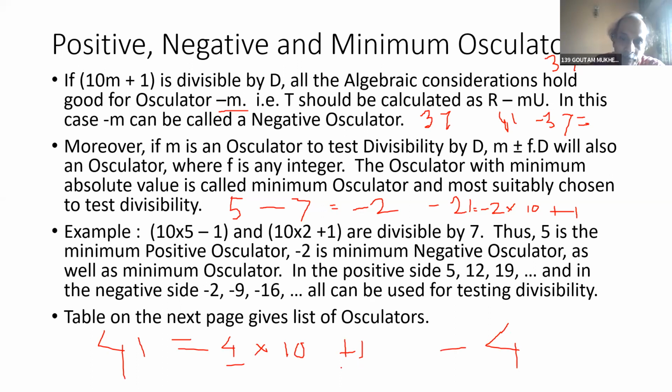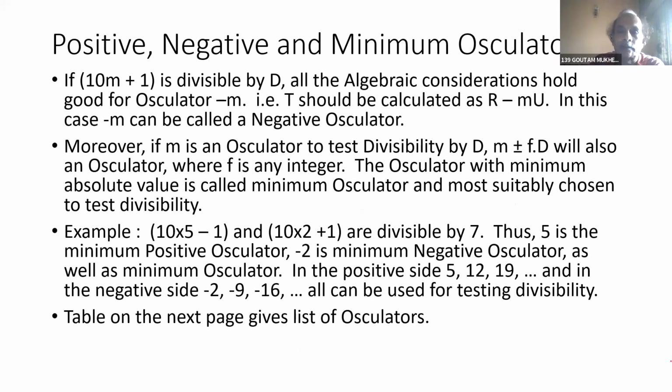You remember that if this here is plus, then the oscillator will be minus, and if here is minus, then the oscillator will be plus. So testing divisibility for 41 will be with minus 4. Like for 13 we got plus 4, because for 41 it is minus 4.